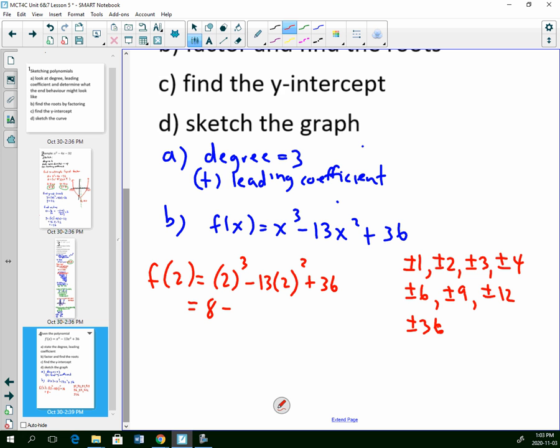Let's see. 13 times 4 is 52 plus 36. I don't think that's going to give me 0. It gives me negative 8, so that does not work. I could try negative 2. So that'll give me negative 8. That's not going to work.